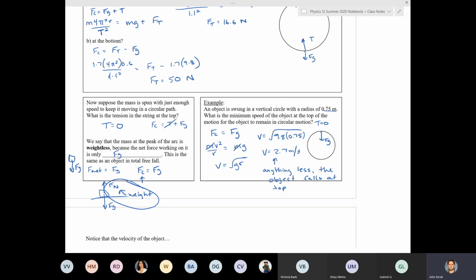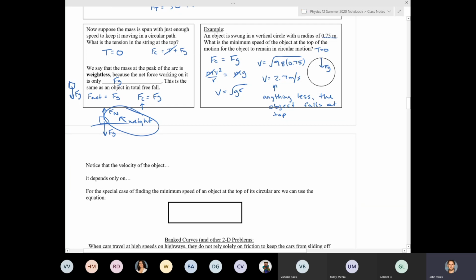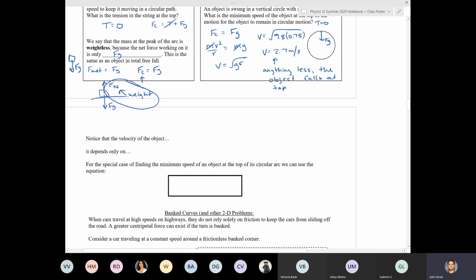Okay, it's going to fall, and it's not going to stay in its circular path. Okay, notice that the velocity of the object doesn't depend on mass.